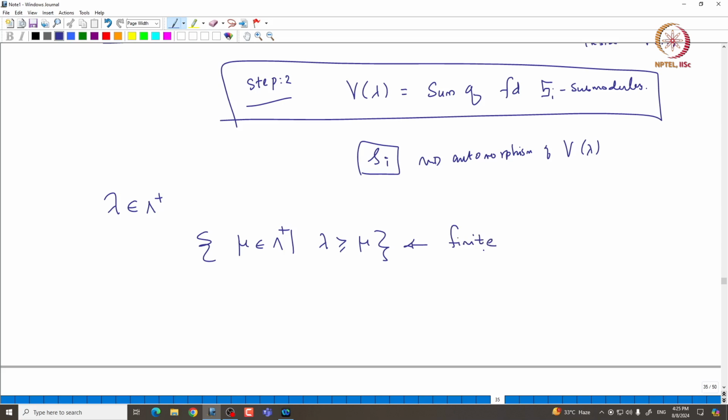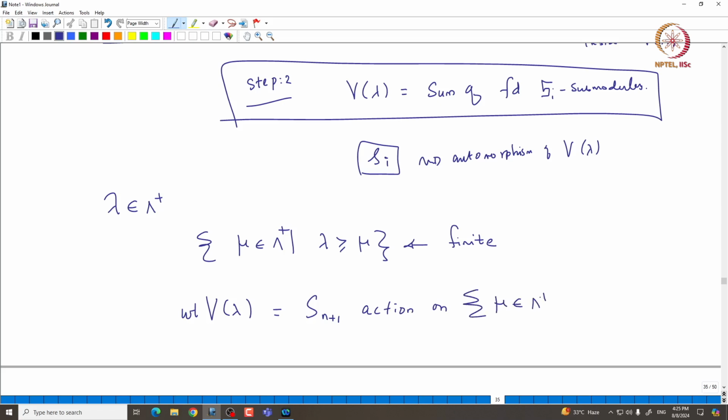And ultimately we will prove that the weights of V lambda can be obtained by the S_{n+1} action on this set.